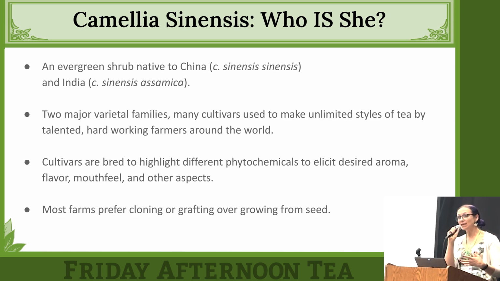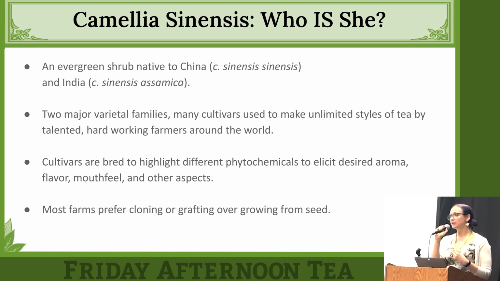So you can breed a tea plant to have very specific qualities, because it's a crop that comes from such a commodity background, right? Tea is for making money for the government, if we look historically. So when you're growing a commodity crop, consistency is so key.